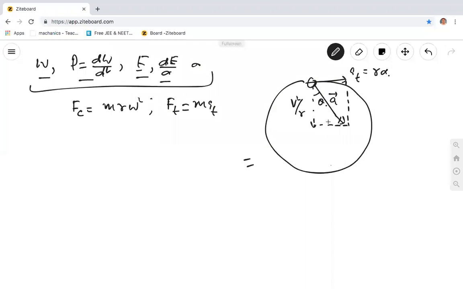Because you see, even in non-uniform circular motion, the centripetal acceleration continues to have the same equation. That's my point. I will write it down.